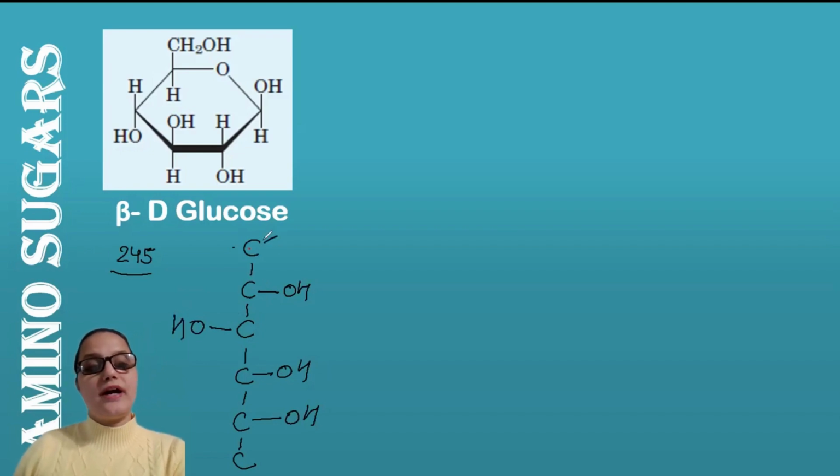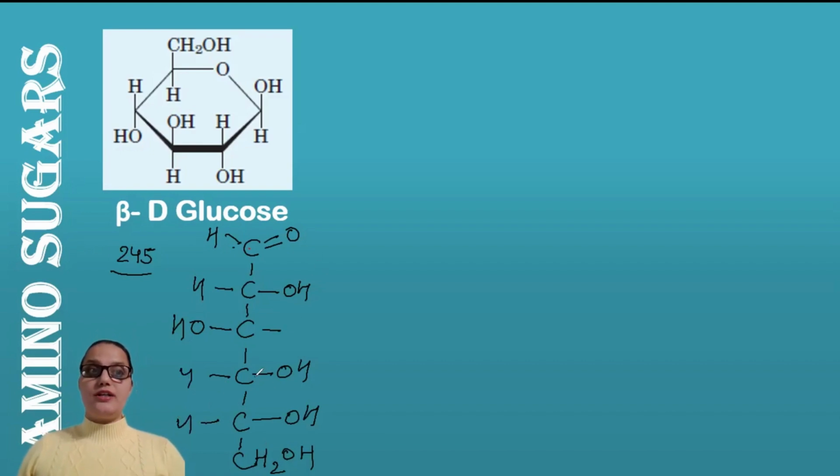Now, as it is aldohexose, it means a carbonyl group is present on carbon number 1 along with other valency. Now, this other achiral carbon, which is at the other terminal end, over here it will be CH2 and OH, right? So over here, the rest of the positions can be filled with H. Now, when this structure gets translated into the cyclic structure, there again we did a rule, right?